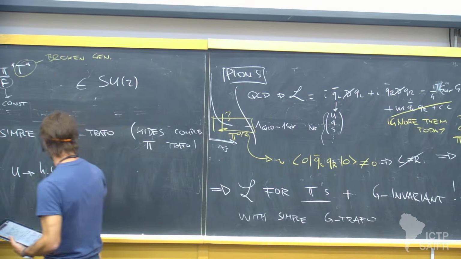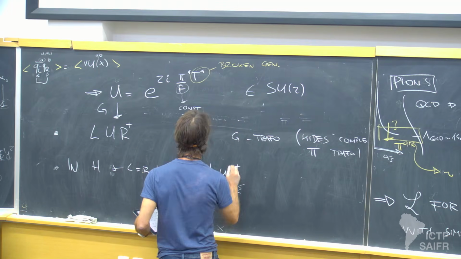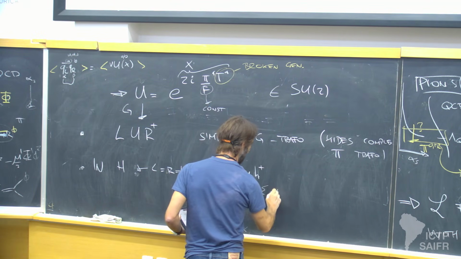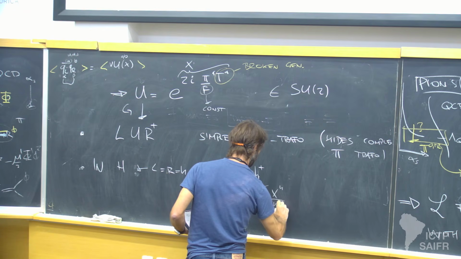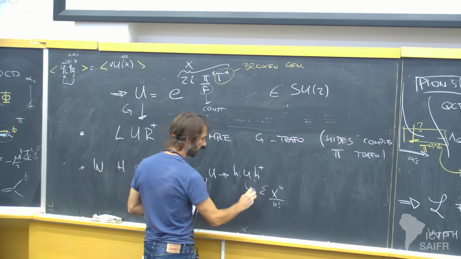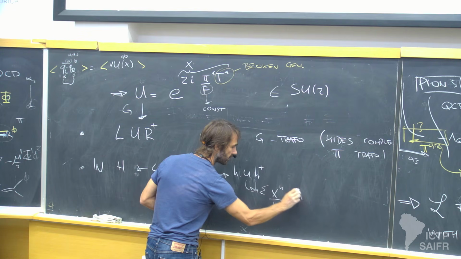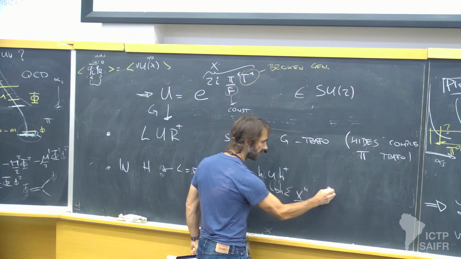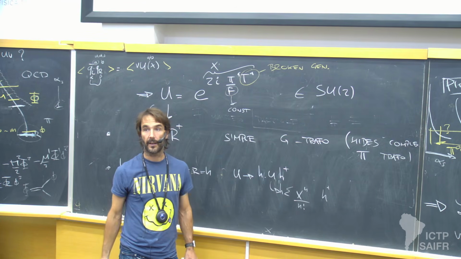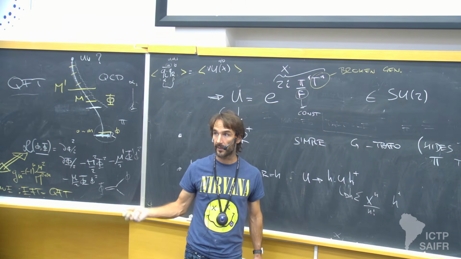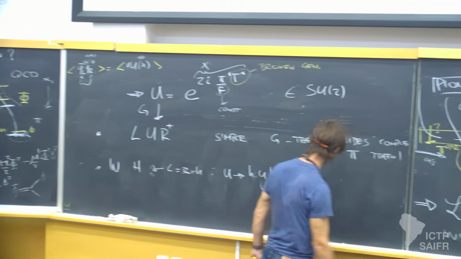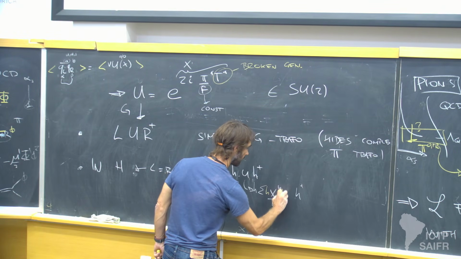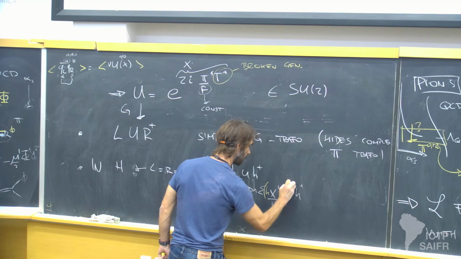Now we can write this as a series in X. We can put the H here and H dagger here. But because H times H dagger is 1, it's an element of SU2, we can rewrite this as H dagger to the N.